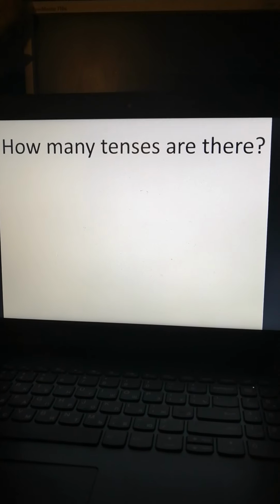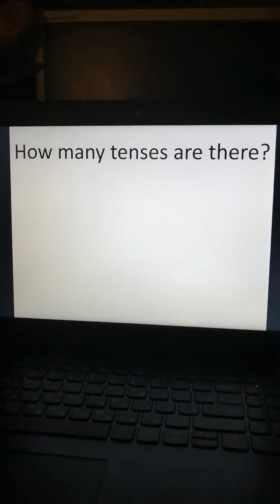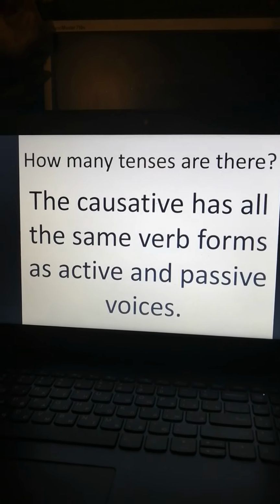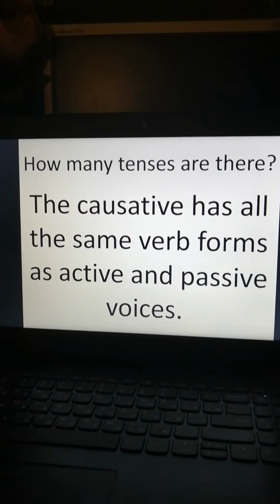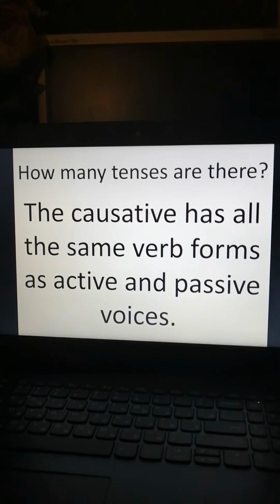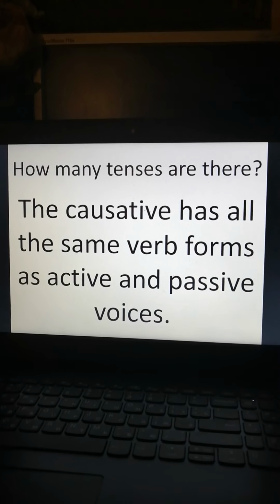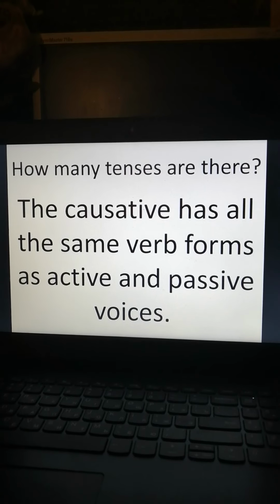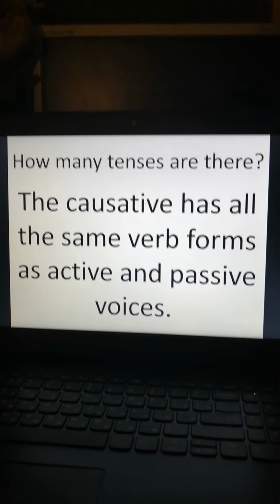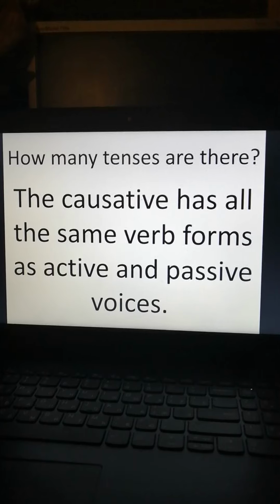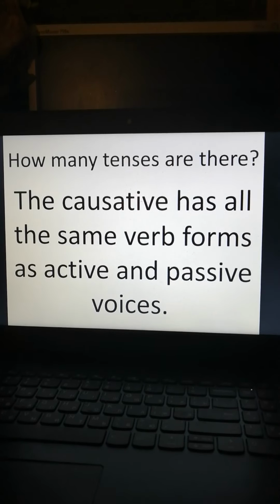Now, how many tenses do you think are there in the causative? Exactly. Just like the passive, the causative also has all the same verb forms as active and passive voices. So it has all the tenses.